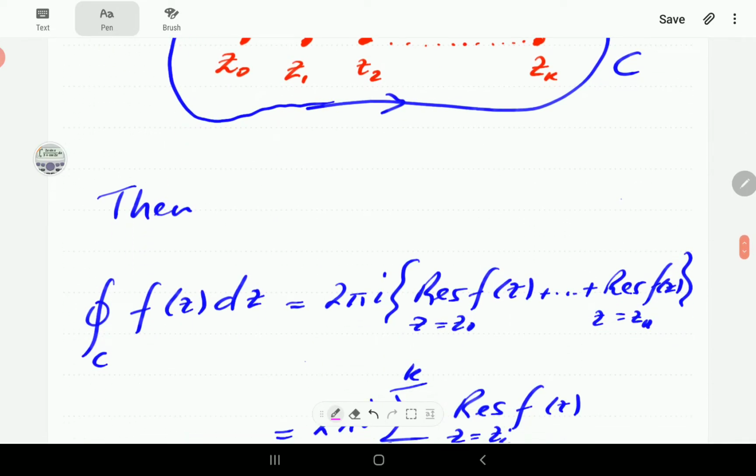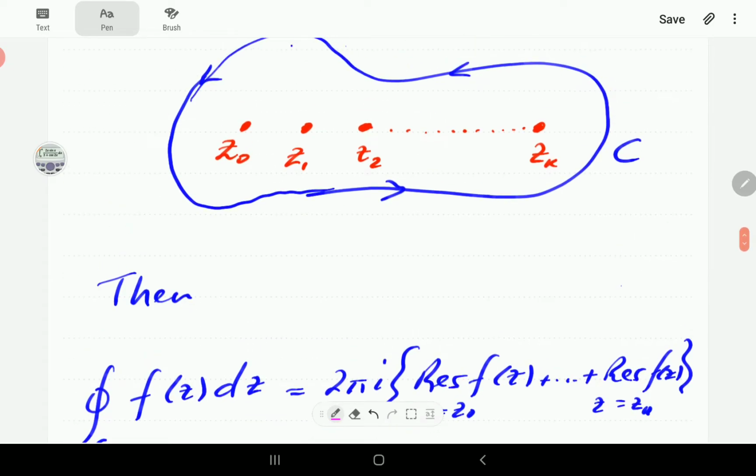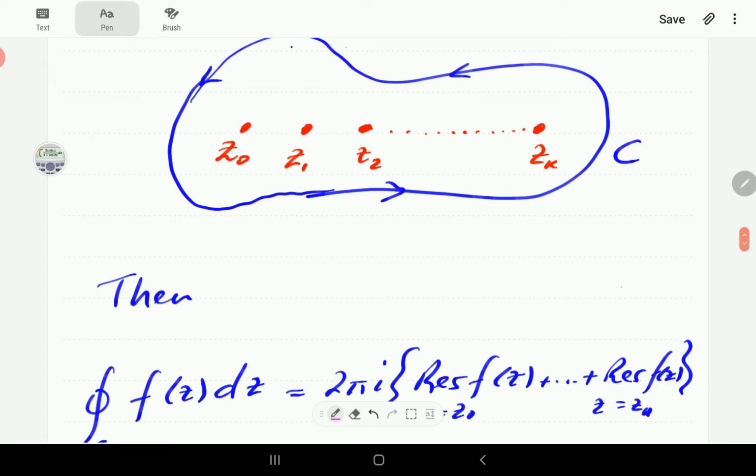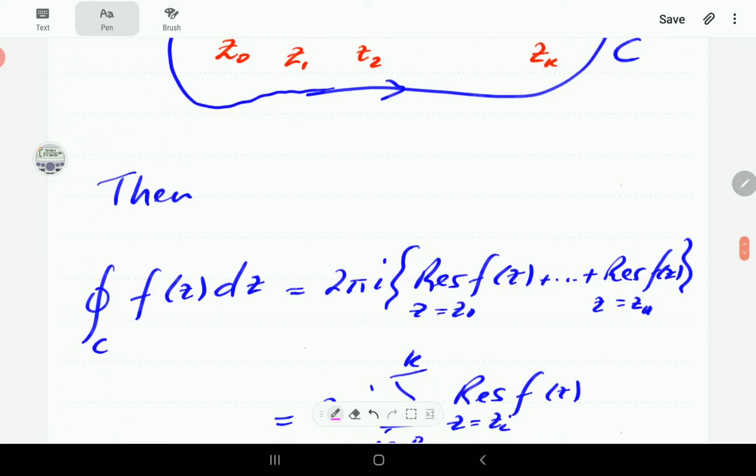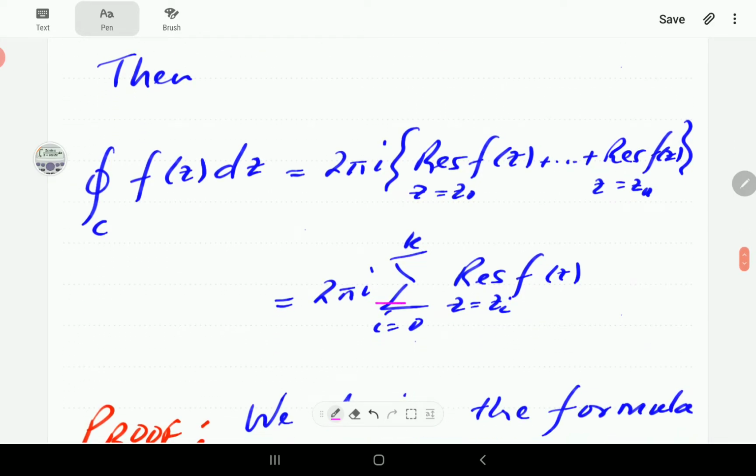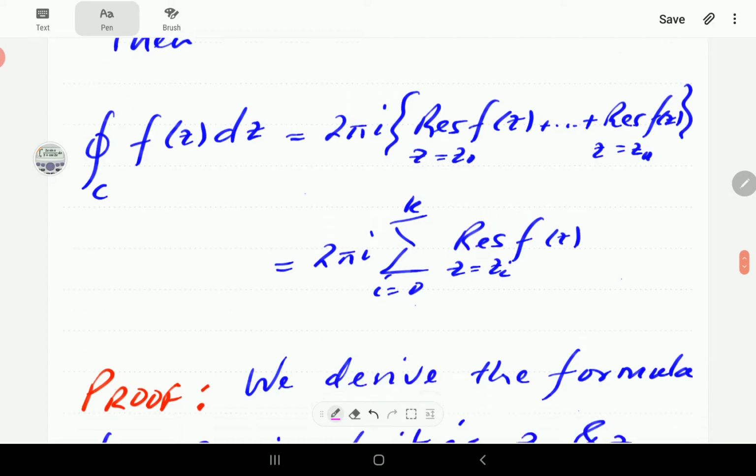Then the theorem states that the integral of f of z around C is going to be 2 pi i times the sum of the residues of f of z at each of the singularities inside. So we're summing here from residue at z0 to residue at zk. Of course, we can write this in summation form like that.